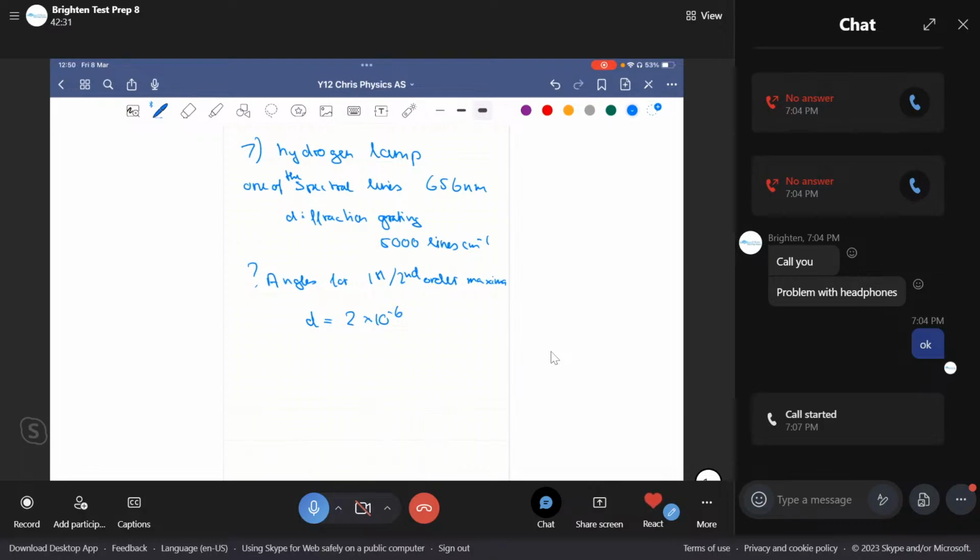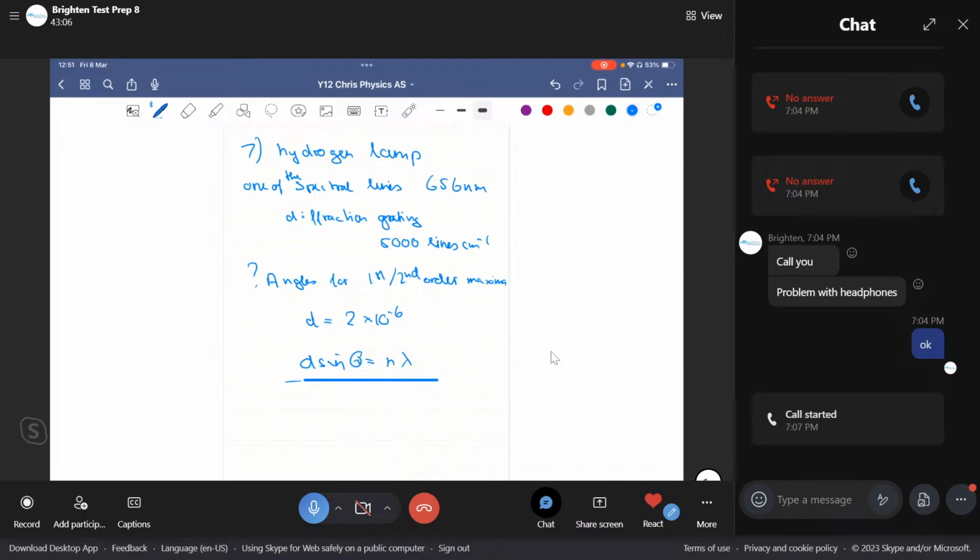And now for the maxima, what is applicable here? Using d sine theta equals lambda n. That's important, it always shows up again and again.